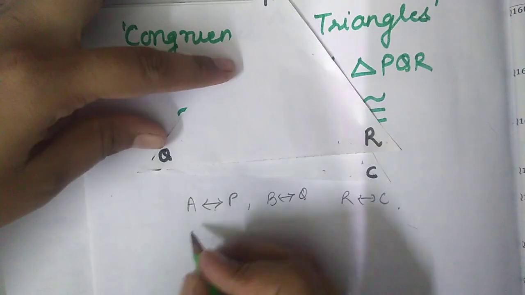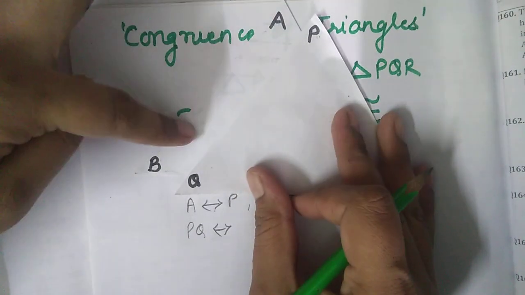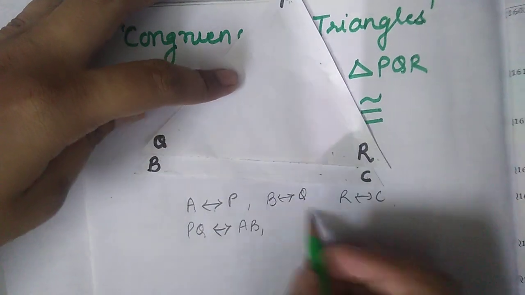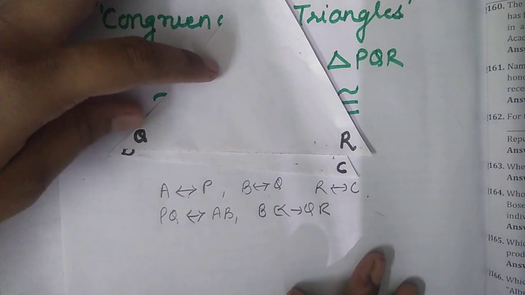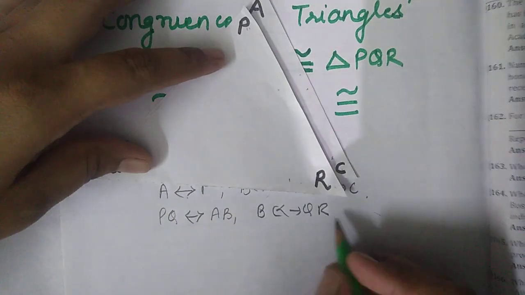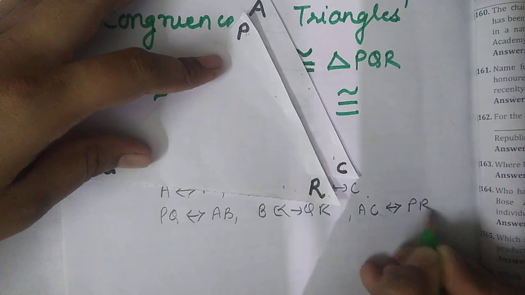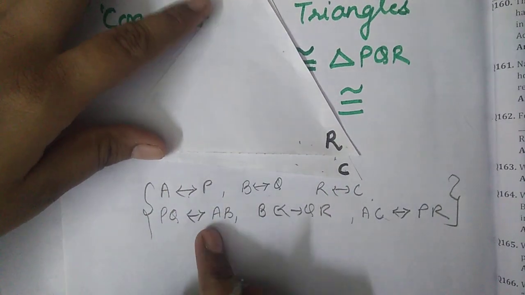Now for sides, this PQ side is corresponding to AB side, and this BC side is corresponding to QR, and same for this AC side is corresponding to PR. Okay, so these are the corresponding elements and they are 6 in number.